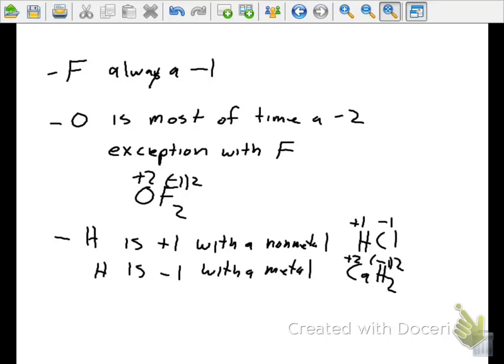Okay? And then the last little bit is with polyatomic ions. So you guys have your polyatomic ion chart. Go ahead and get that out. Now, if you deal with just a polyatomic ion, it's going to equal the charge. So if you add up all your oxidation numbers, it's going to equal the charge of your polyatomic ion. Okay, give you an example. NO3, what's its charge?